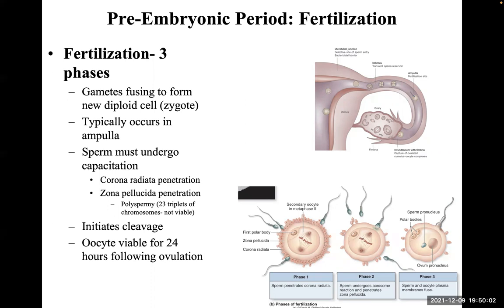And it's that process of the fusion that causes meiosis to be completed so that you get the polar body and then the formation of the pronucleus for the oocyte that merges with the pronucleus of the sperm. And that's really important because it prevents polyspermy.